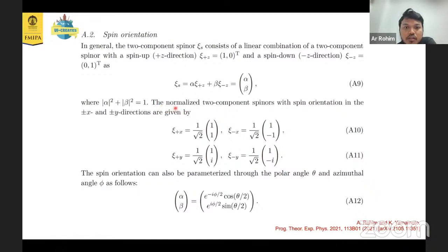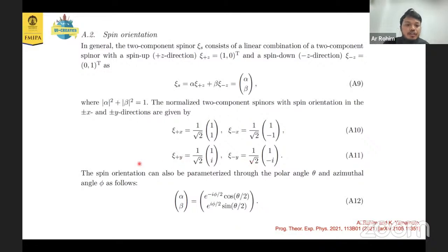And then the normalized two component spinors with spin orientations in the plus minus x and plus minus y directions are given by these equations in A10 and A11. This line corresponds to the plus x and minus x directions, and this line corresponds to plus y and minus y directions.